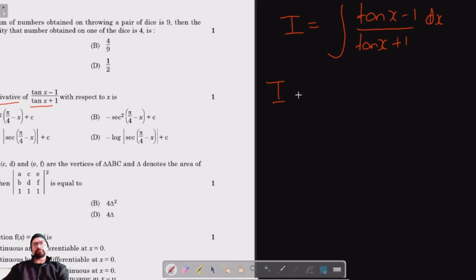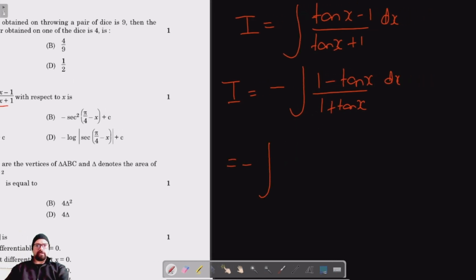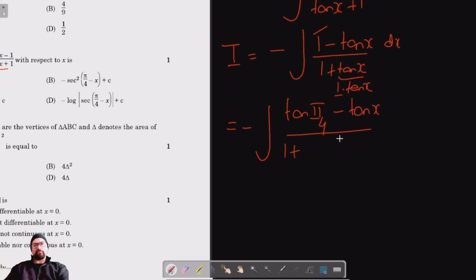Okay, now this is equal to negative of, I can take negative common, let me get this converted into some known form. If I take negative common, this is 1 minus tan x, so this is equal to negative of 1. And instead of 1, I can write tan pi by 4 minus tan x, and 1 plus tan x, I can write it as 1 into tan x, and 1 can be replaced by tan pi by 4 into tan x.